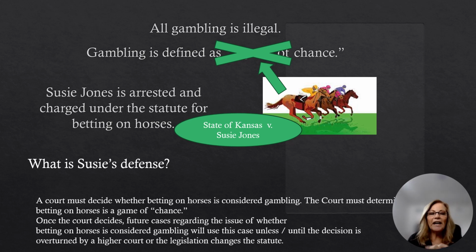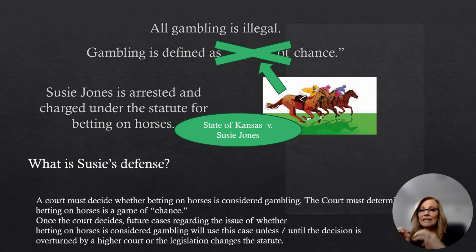So the court has to determine whether betting on horses is considered gambling. So it has to determine if it's a game of chance. Once the court decides this case, State of Kansas versus Susie Jones, future cases that come up that regard the same issue and are on the same or similar facts, the courts will use it as law.